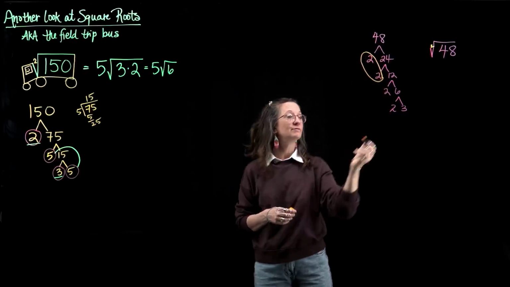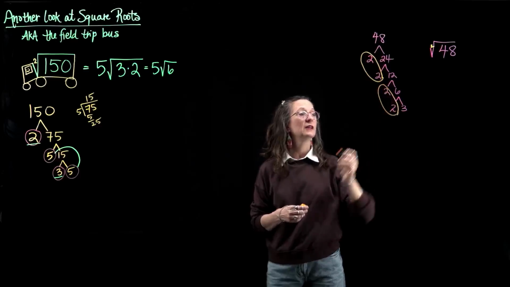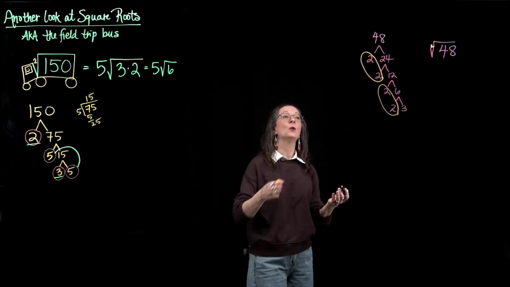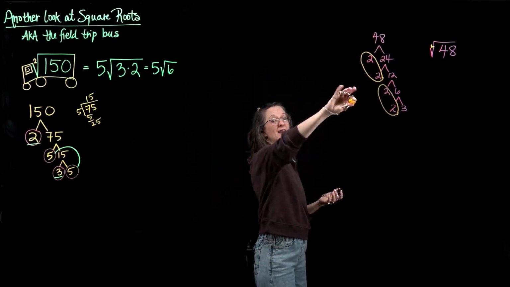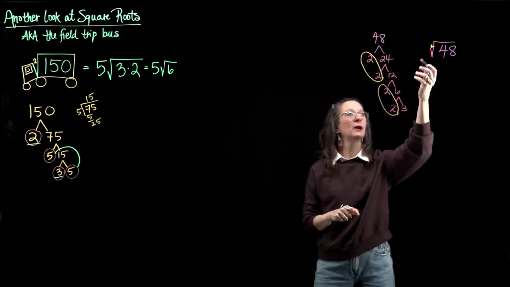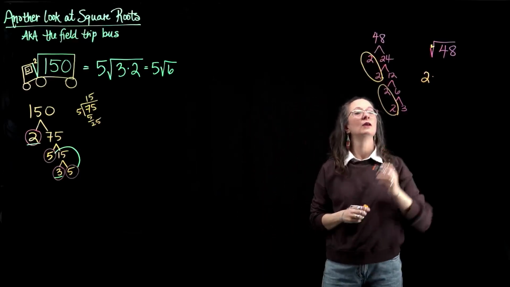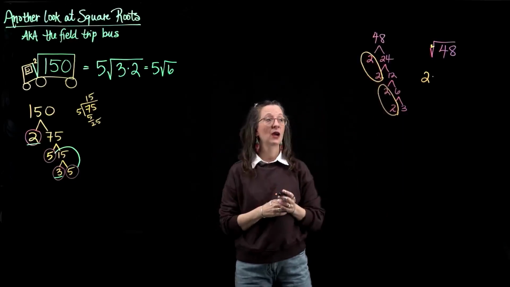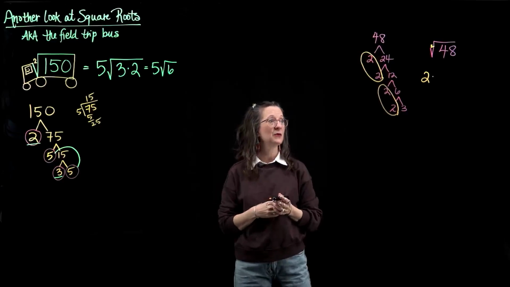It's a square root, and I'm looking for groups of 2. There's 1, and there's 1. Remember that when you have a group of buddies, they get to get off the bus, and we write down what we had to represent that group. We only write it one time though.